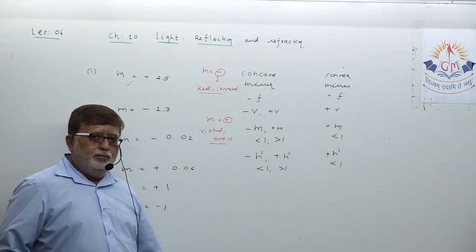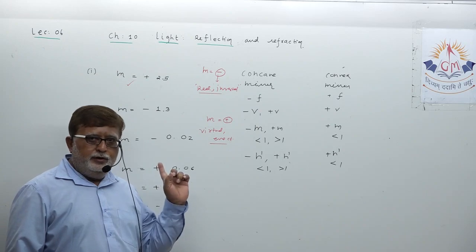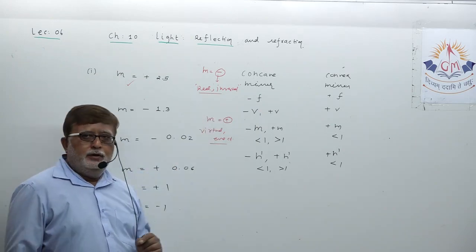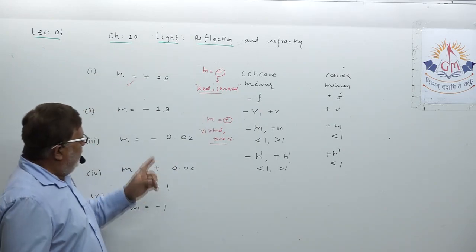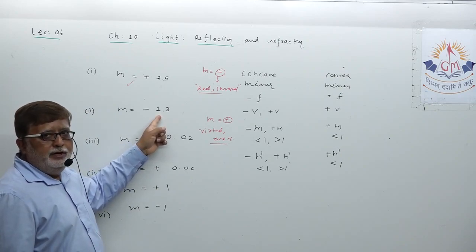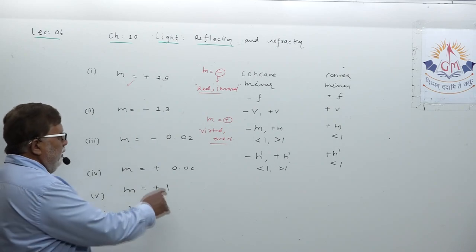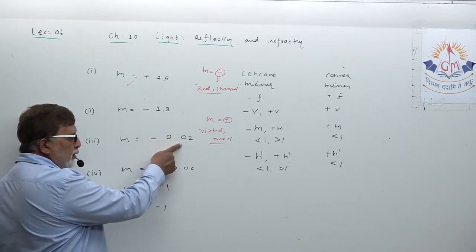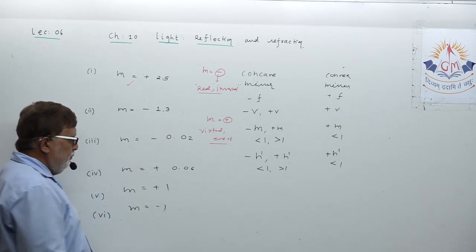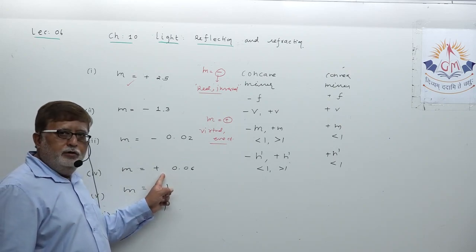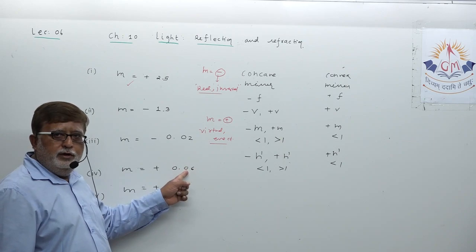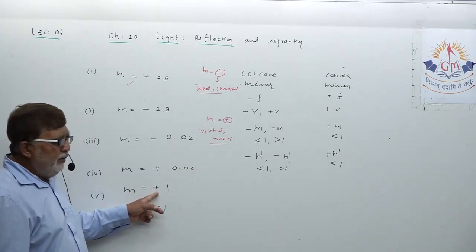M equal to minus 1.3, negative, what will you say? Real and inverted, but this is again greater than 1. So real, inverted and larger here. Real, inverted and smaller because less than 1 here. Plus, that means virtual, erect and smaller, less than 1 here.